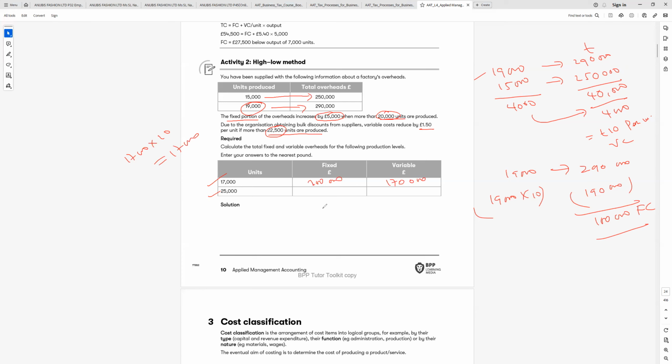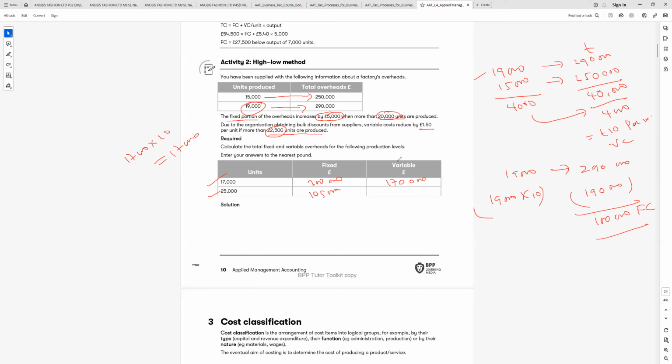But for the 25,000, we need to do a little bit of calculation, because our fixed cost will increase by 5,000. Before it was 100,000, now it will be 105,000. Because I'm making more than 20,000 units, fixed cost will increase by 5,000. But at the same time, my variable cost will also decrease by 1.5 because I'm making more than 22,500.